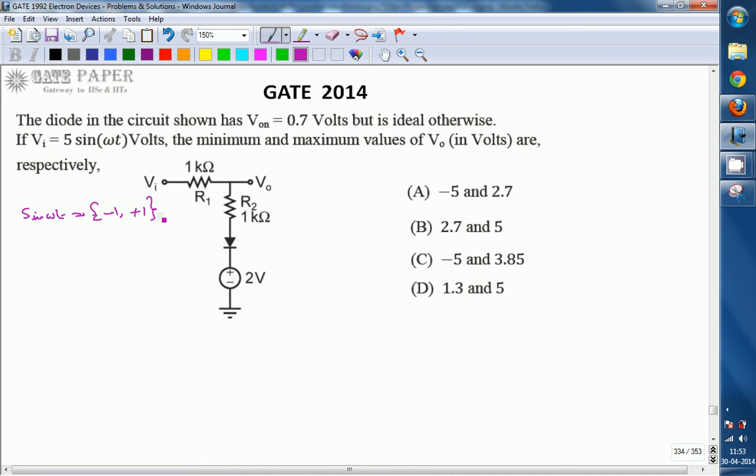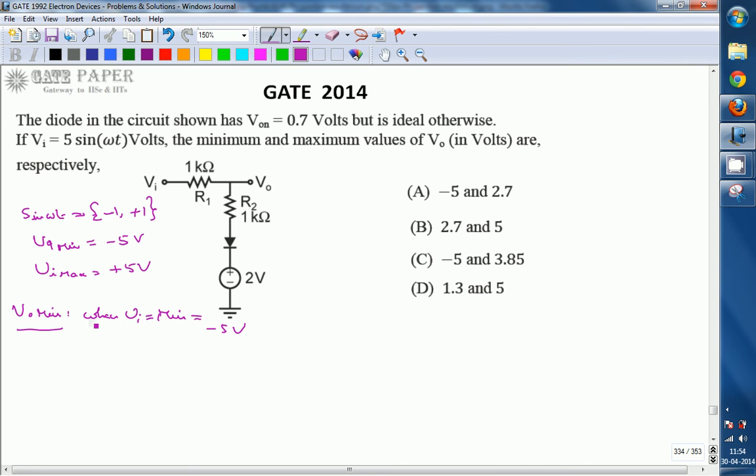Whenever sin omega t is multiplied by 5, we can say Vi minimum is equal to -5 volts and Vi maximum is +5 volts. So that we can calculate V0 minimum. V0 minimum will occur when Vi is minimum, that is -5 volts.